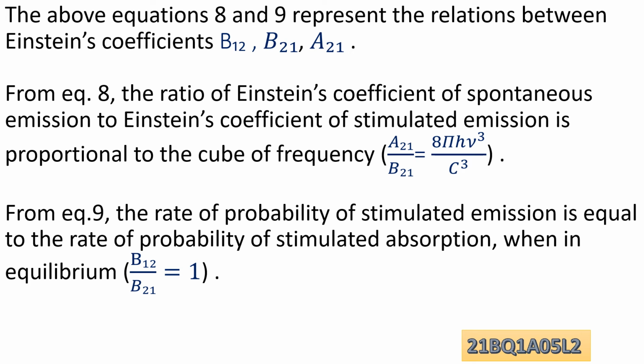So the ratio of Einstein's coefficient of spontaneous emission to Einstein's coefficient of stimulated emission is proportional to the cube of frequency. Similarly, from equation 9, the probability rate of stimulated emission is equal to the probability rate of stimulated absorption when in equilibrium.